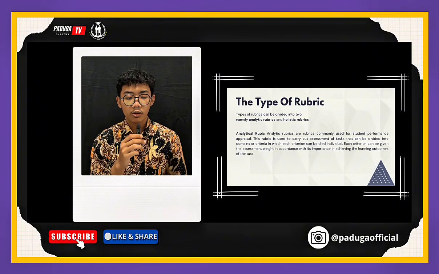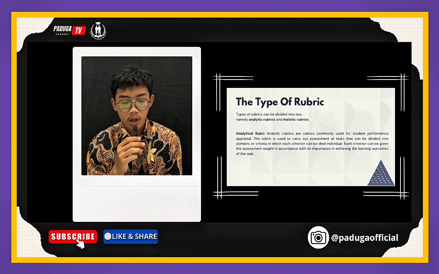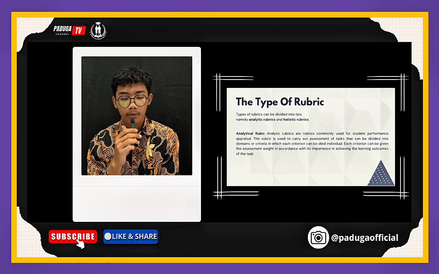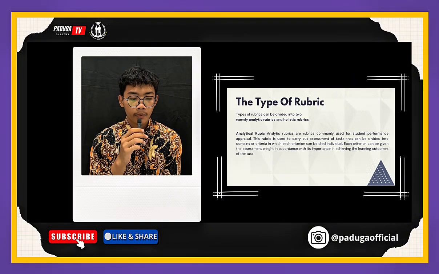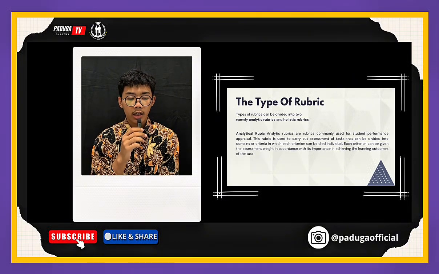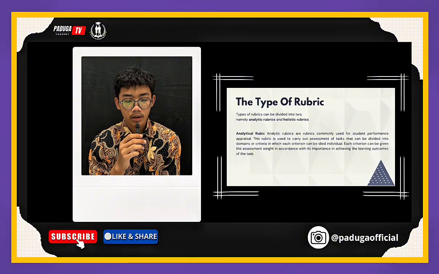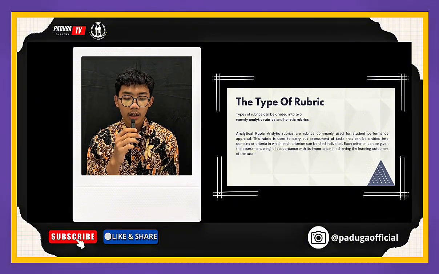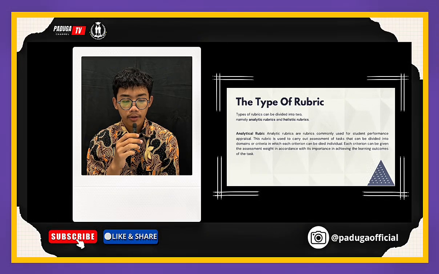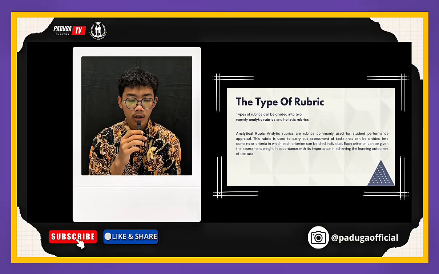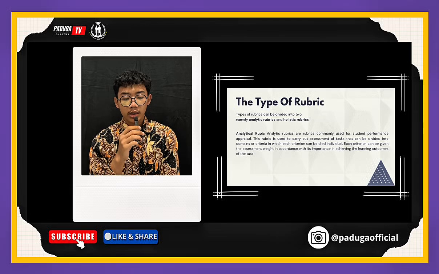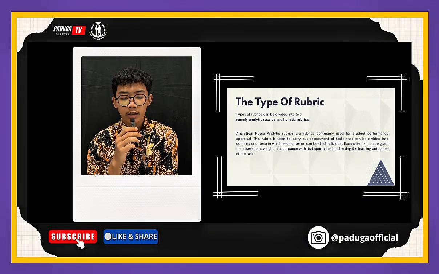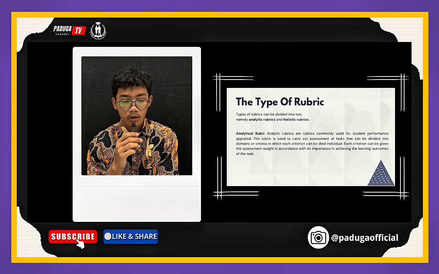This rubric is used to carry out assessment of tasks that can be divided into domains or criteria in which each criterion can be individual. Each criterion can be given an assessment weight in accordance with its importance in achieving the learning outcomes of the task.